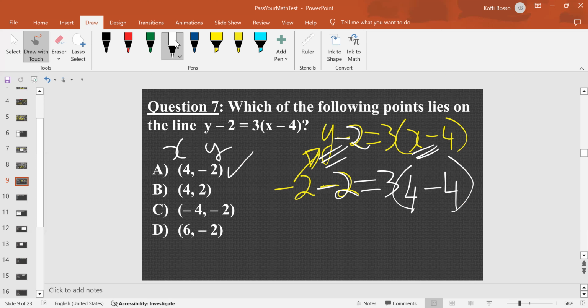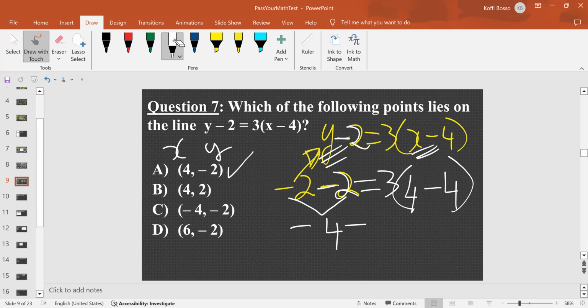Understand that when you do negative 2 minus 2, that will turn to negative 4. It's not positive, but still negative. When you add 2 negative numbers, the result is negative. It's when we multiply 2 negative numbers that it turns positive. Here we just combine 2 negative numbers, so that gives negative 4.